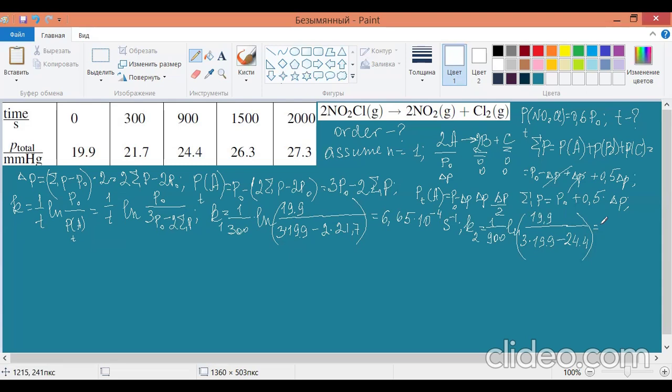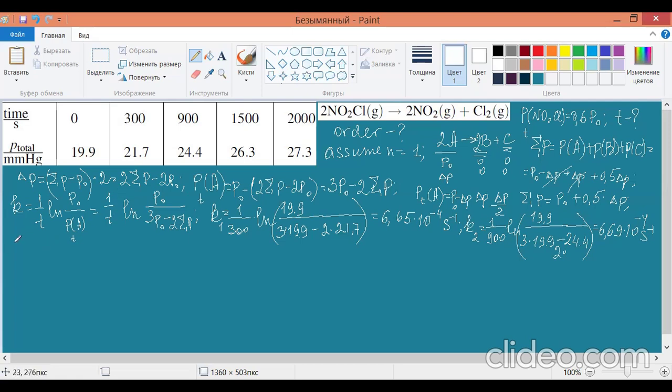We got 6.69 times 10 to the minus 4 seconds to the minus 1. This k sub 2 is very close to the first one. It means that we are probably on the right track.